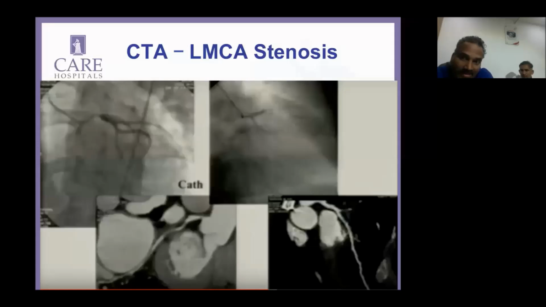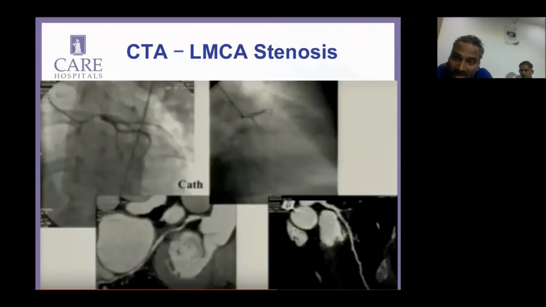In this case, before you joined the meeting, sir, we had a discussion. I asked people, have you ever had a situation where you wanted to do a CT angiogram after a conventional angiogram? There is data in JACC, case reports, especially on LMCA stenosis.